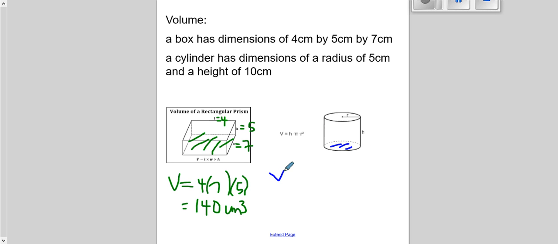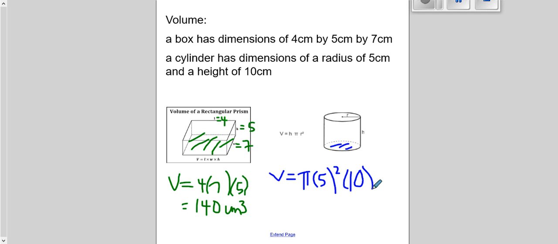So volume in this case is the area of the bottom, which is a circle. So pi r squared, so what's my radius? My radius is 5. It says that. Pi r squared. And then we times that by the height of the object, and the object is 10. Okay, so I'm going to need my calculator for this.